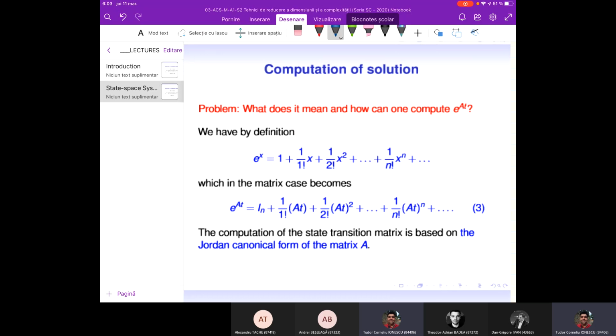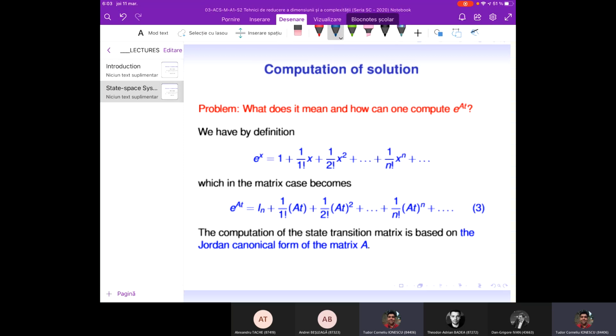So if e to the power x is defined by the Taylor series expansion in this fashion, 1 plus x plus 1 over 2 x squared plus so on and so forth, in the matrix case you merely substitute x with At. So instead of 1, of course, because we are talking about matrices, the 1 becomes the identity matrix. So I plus At plus half A squared t squared plus so on and so forth.